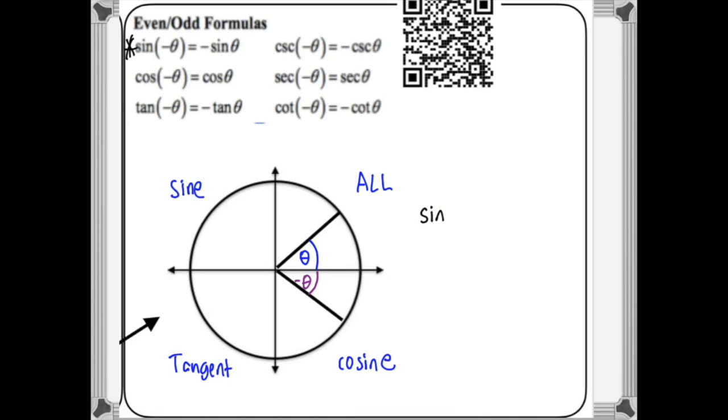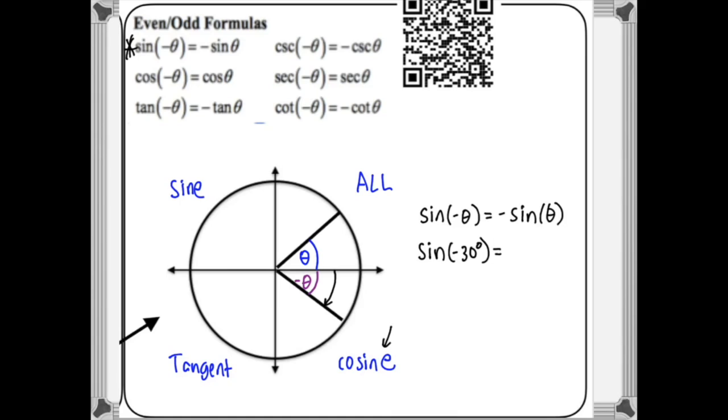Sine of a negative theta equals negative sine theta. Now, we knew this when we were doing trigonometric ratios. To model this, if I had the sine of, say, negative 30 degrees, theta would be negative 30 degrees, and it would land in cosineville.